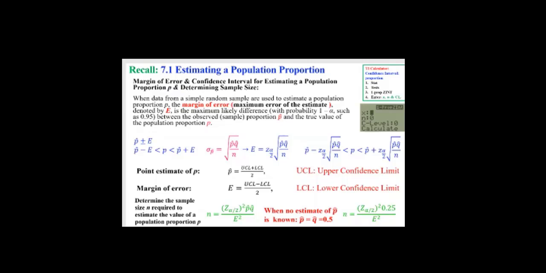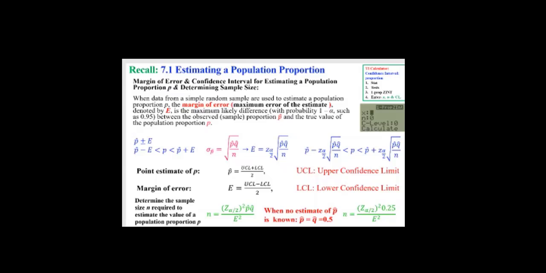So the point estimate for P, or population proportion, is P hat, the sample proportion, where again, P is capital X over N and P hat is lowercase x over N. So P hat plus minus E, that would be the confidence interval. What is E is called the margin of error, the maximum error, or they call it the error bound. It's Z alpha over 2 square root of P hat Q hat over N.